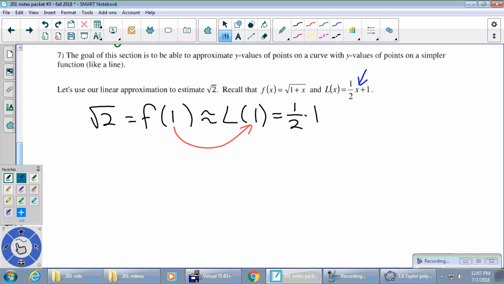So 1/2 times 1 plus 1, which is 1.5. And I can tell you that from the calculator, the square root of 2 is roughly 1.414. So 1.5, not a bad approximation. And again, if you didn't have a calculator, getting this level of accuracy, 1.414, would take an awful lot of time.